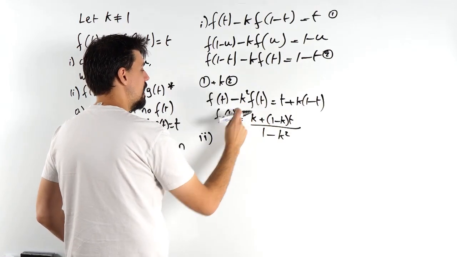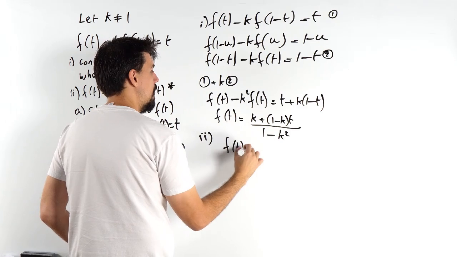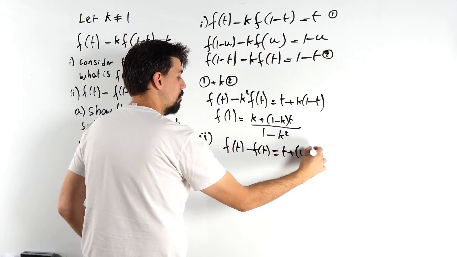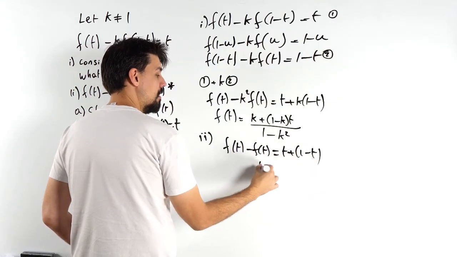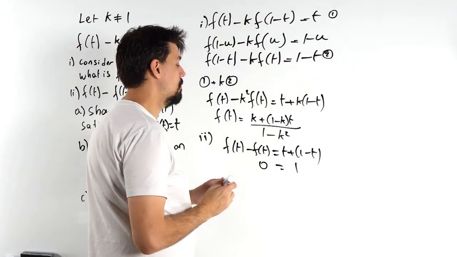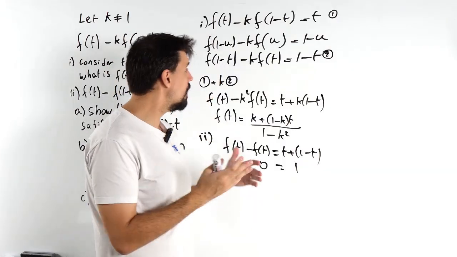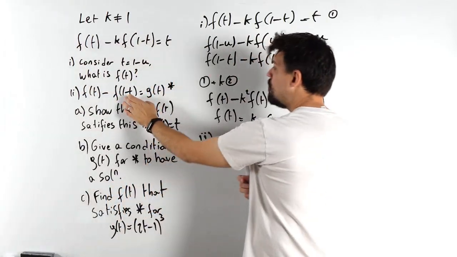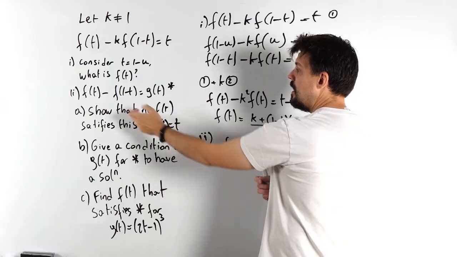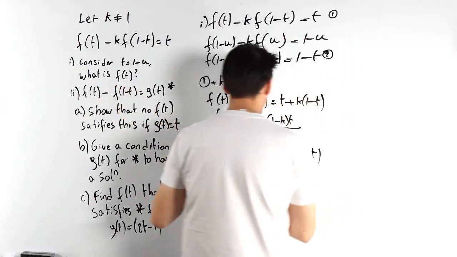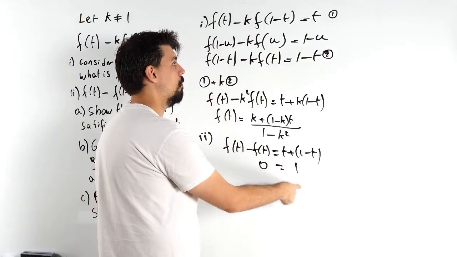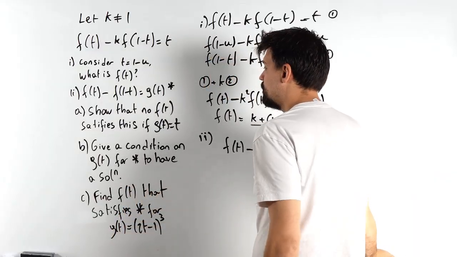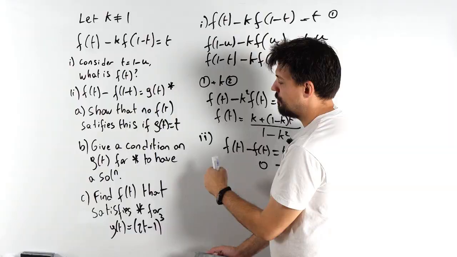So k equals 1 into here comes f of t minus f of t. The left-hand side becomes 0, the right-hand side becomes t. So in fact, when k equals 1, there will be no solution to this if the right-hand side is t, because we would end up with 0 equals t. Unlucky, try again.